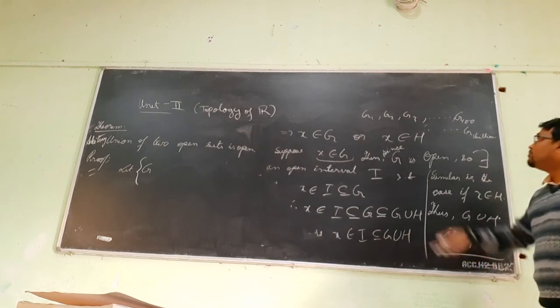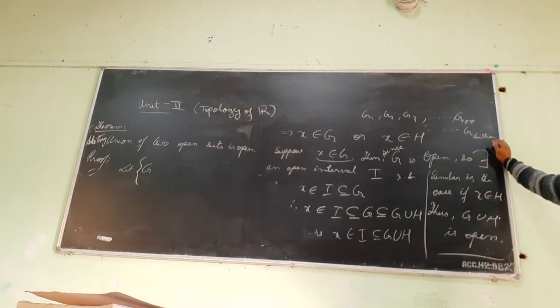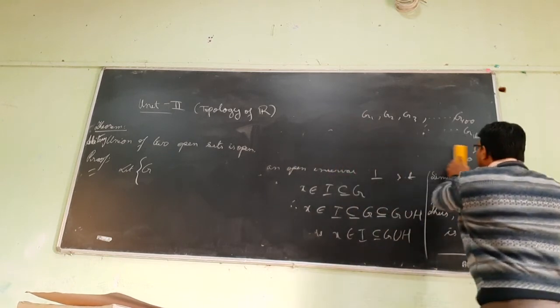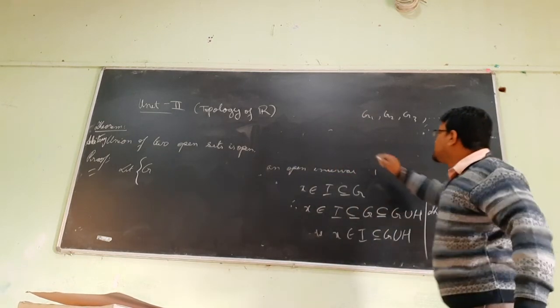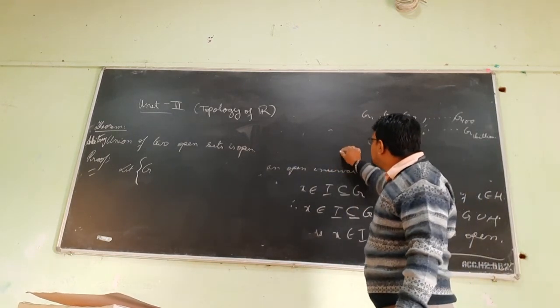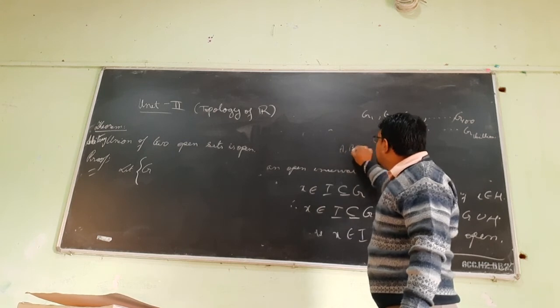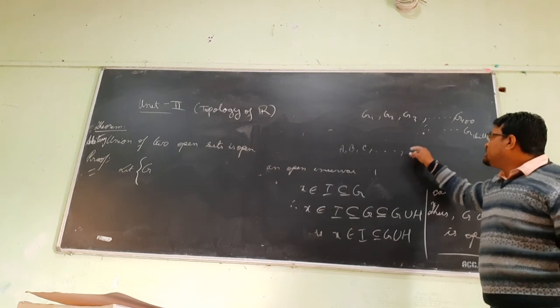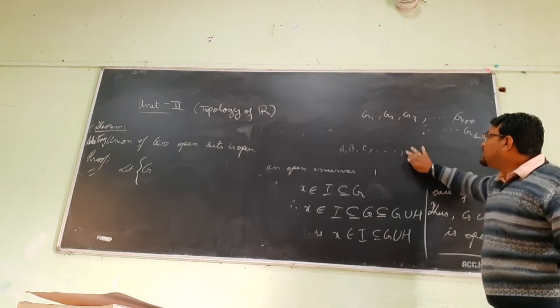Can there be much more sets? There can be many more sets. So it may happen that, suppose I write open sets as A, B, C, D. If I use these letters as open sets, then how many open sets can I write at most?